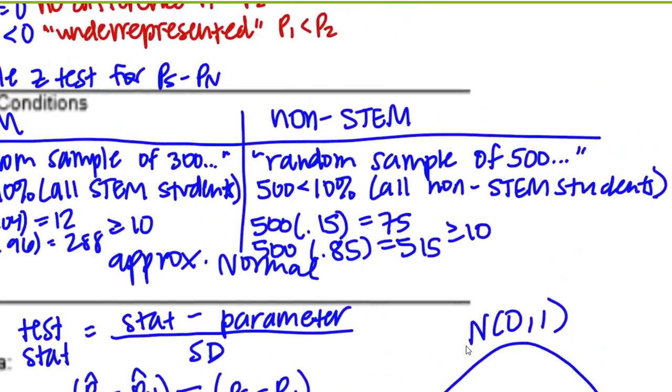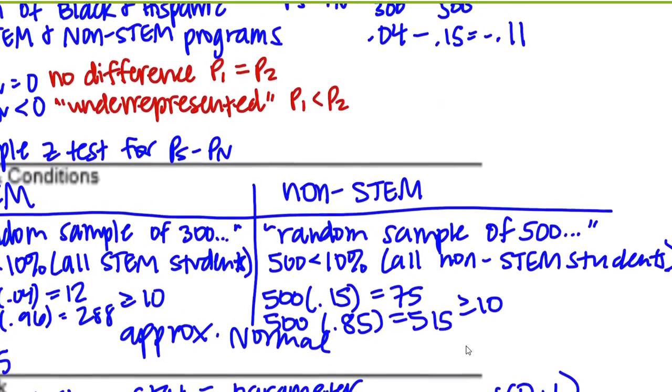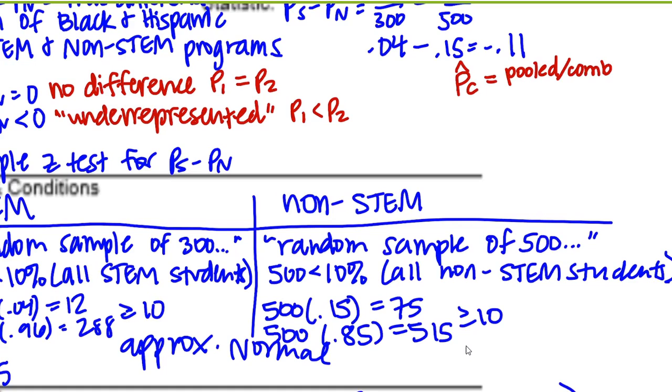It's going to be called P hat C. And that is the pooled or combined proportion from the two samples.